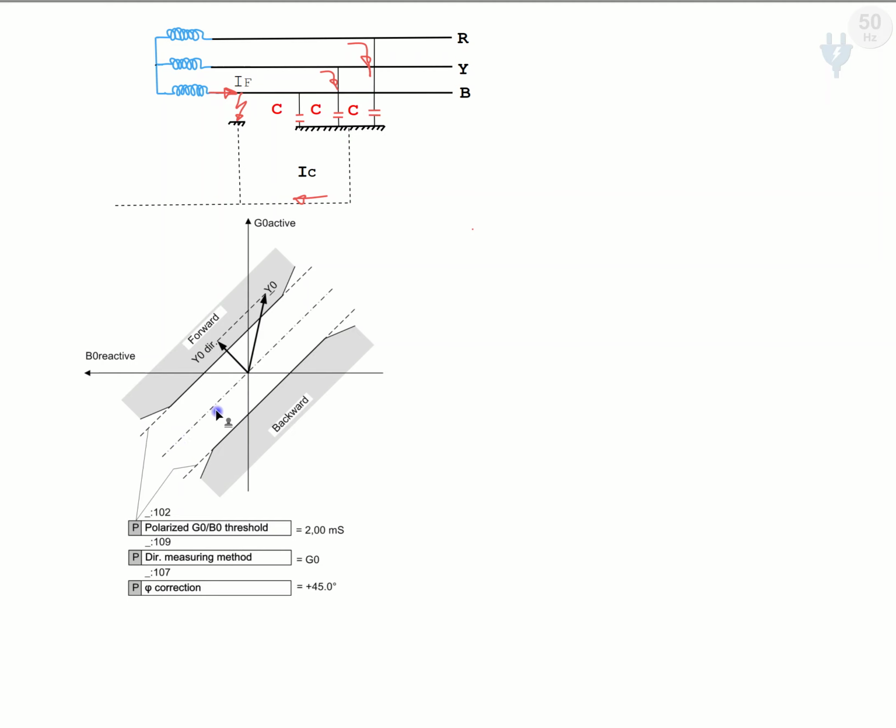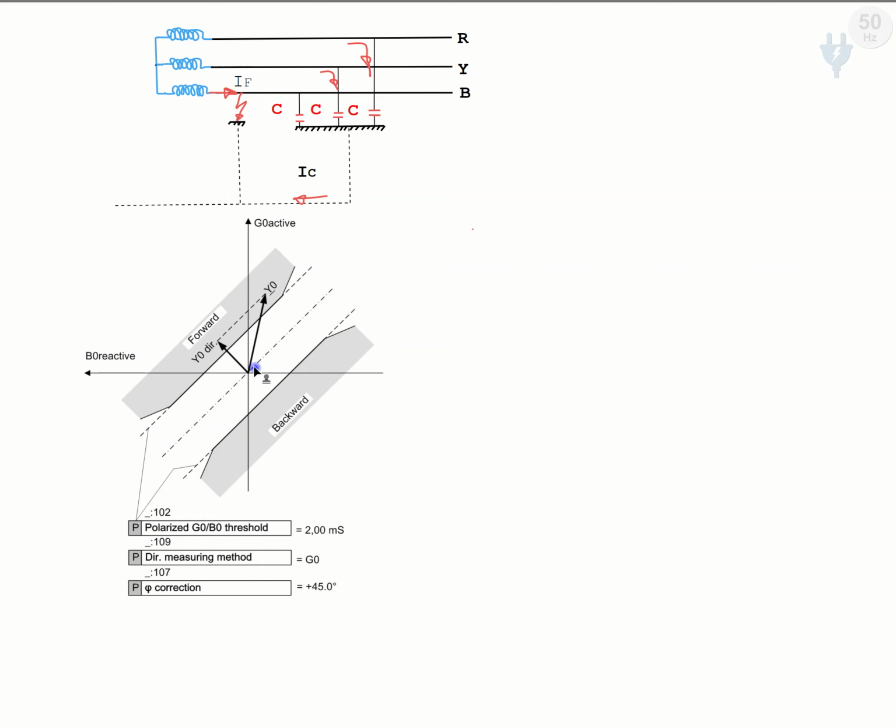We tilt our symmetrical axis, which was initially horizontal, by plus 45 degrees, and we find the G0 according to the formula that we will discuss later on.